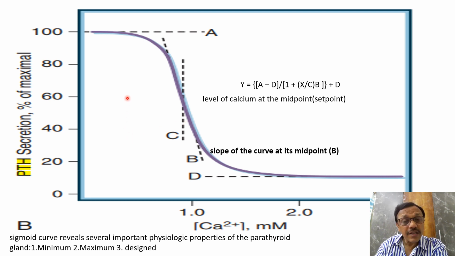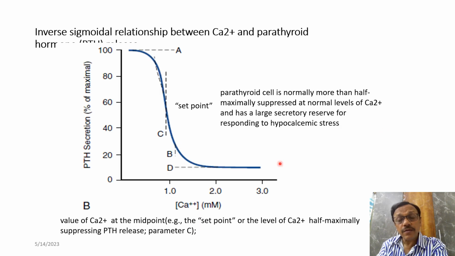Okay, now the sigmoid shape of the curve reveals some important physiological properties of the parathyroid gland. Number one, what does it say? That there is a minimum amount it can produce in response to a high amount of calcium, but it has a reserve.